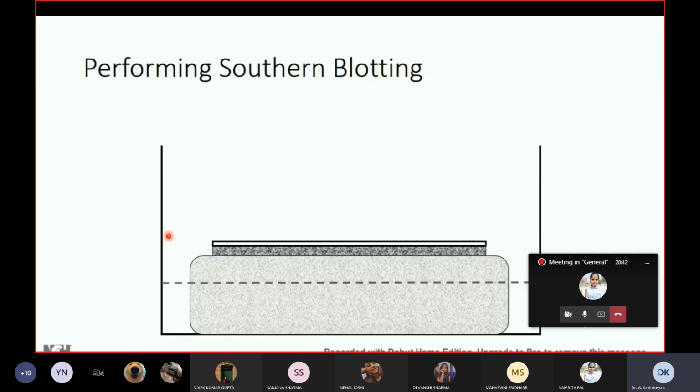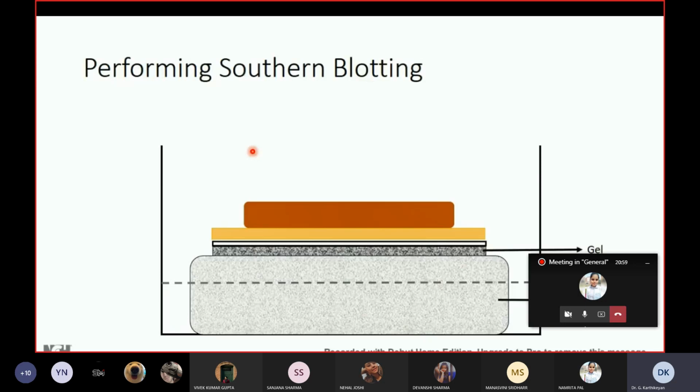Then I put the membrane in direct contact with the gel. Then I use paper towels, and then a kind of weight in order to compress all the stuff together. So what I have here is the alkaline buffer, the sponge, the gel, the DNA binding membrane, the paper towels, and then a weight.